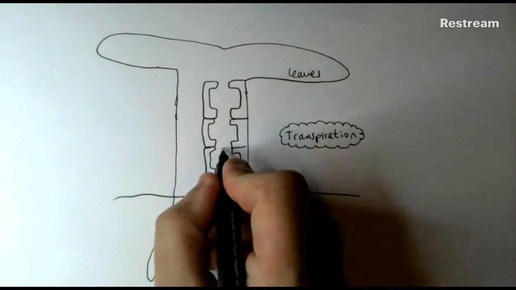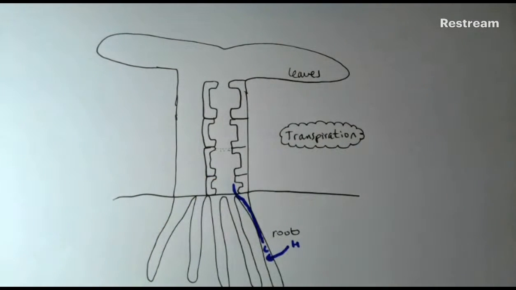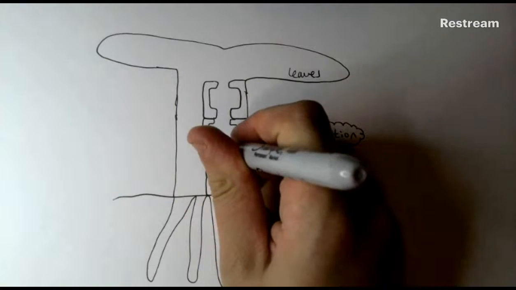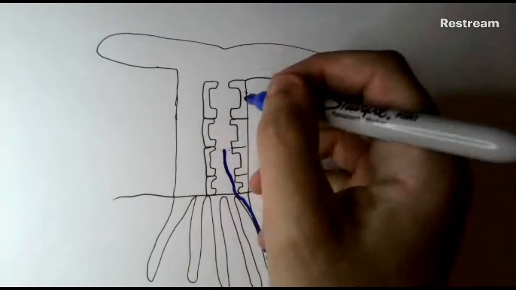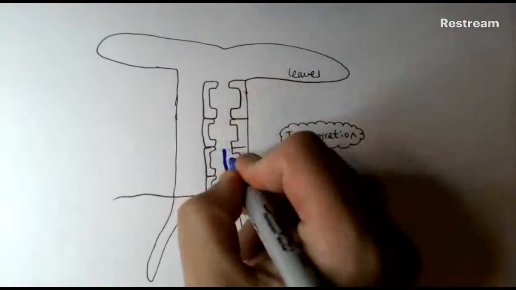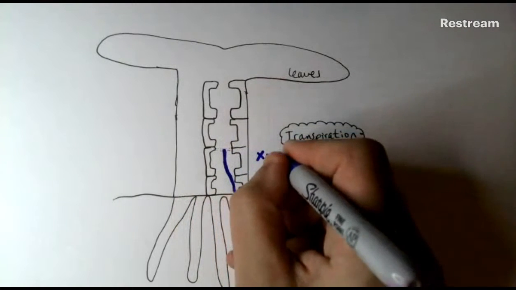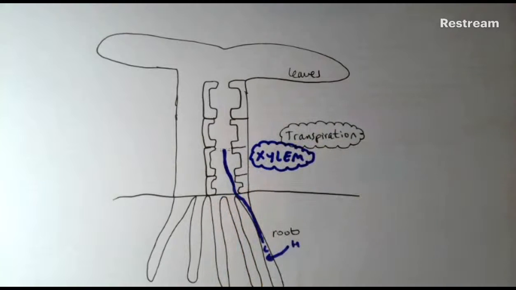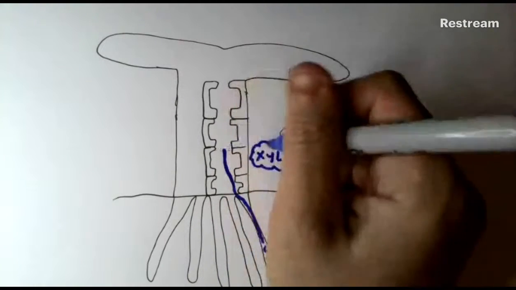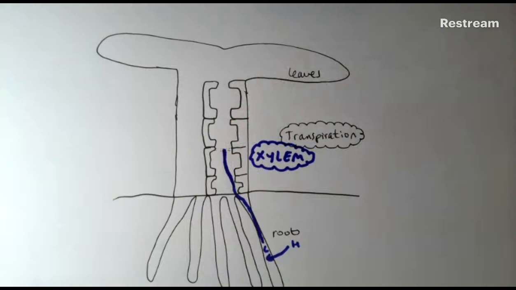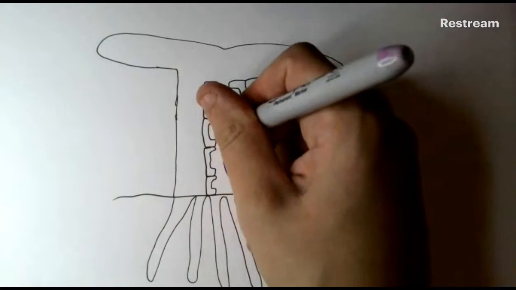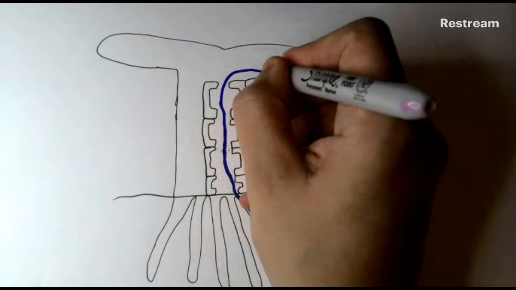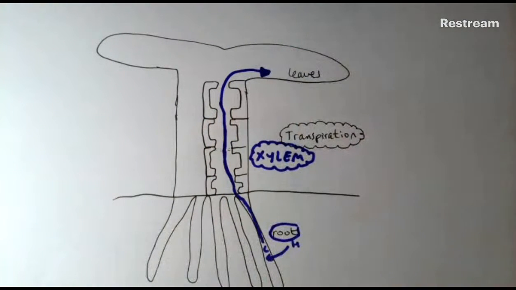If there were end cell walls going across there, that would mean that the water cannot be transported through the xylem by the process of transpiration, whereby water moves from the roots to the leaves.